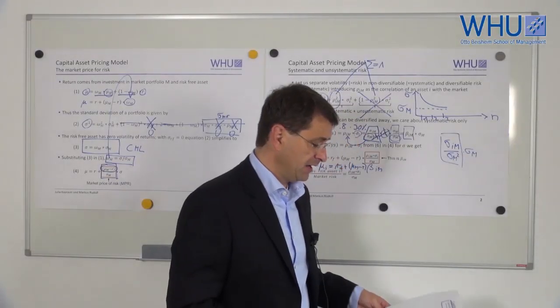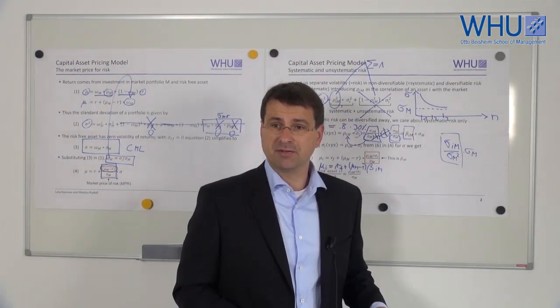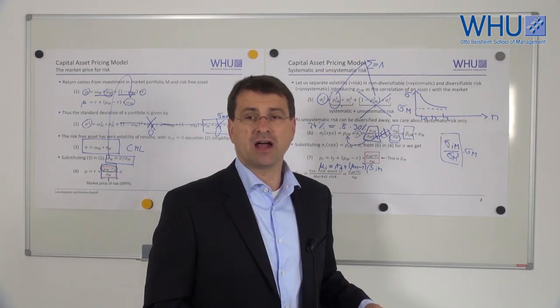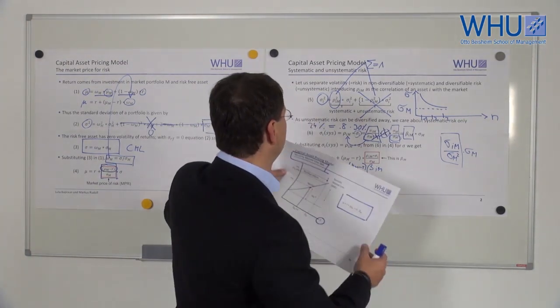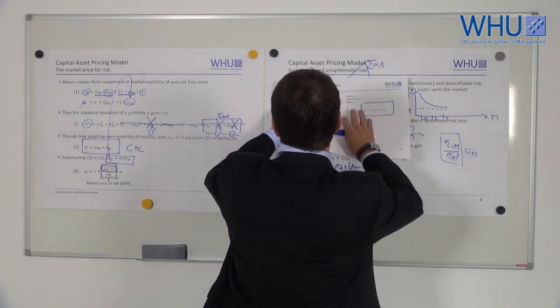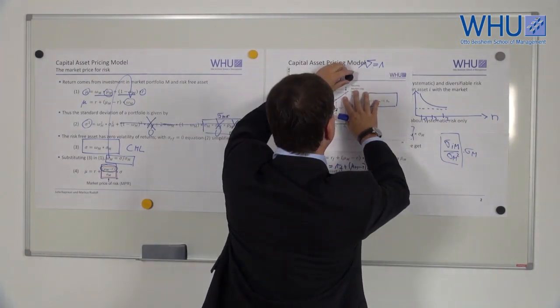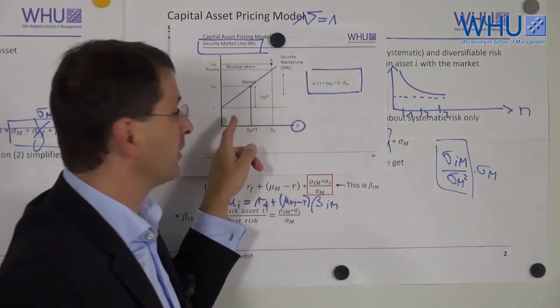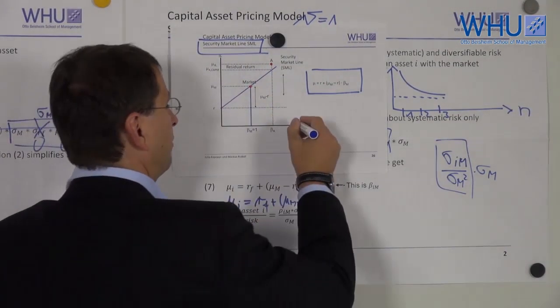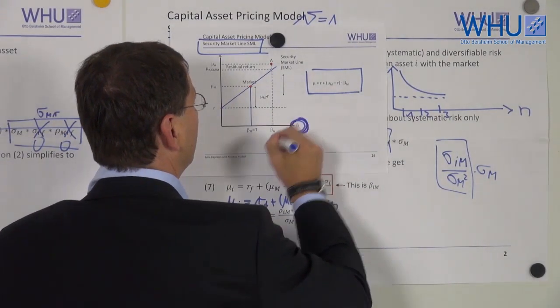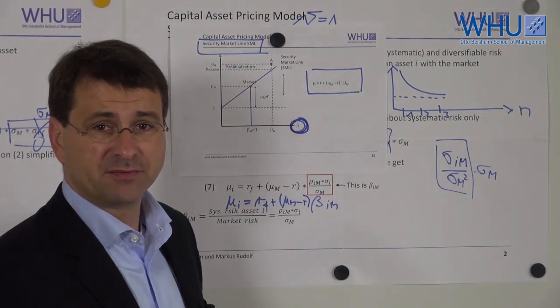And if I, as a last step, show you a chart where the beta risk is graphically represented, then we have a situation which looks like that. We have the security market line here. And the very important point is that this is the beta risk here.